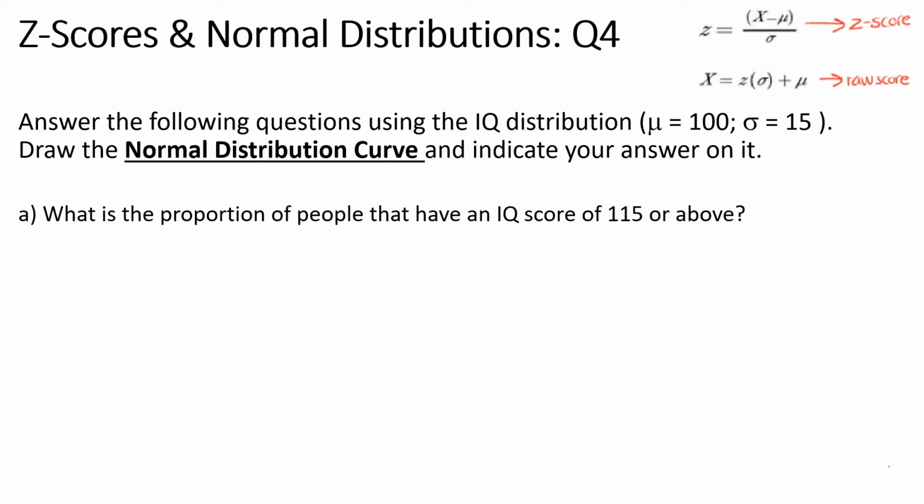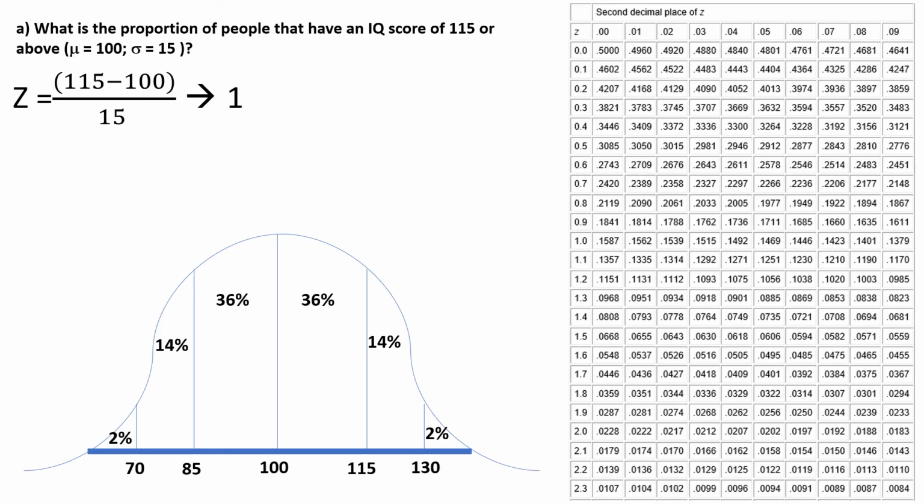So if we have the raw score, we need to figure out the z-score. That's 115 minus 100, which is the population mean, divided by the standard deviation of the population, and then we get 1. But what do we do with that? Well, first things first, look at the distribution on the bottom. The standard deviation of the IQ scores is equal to 15.